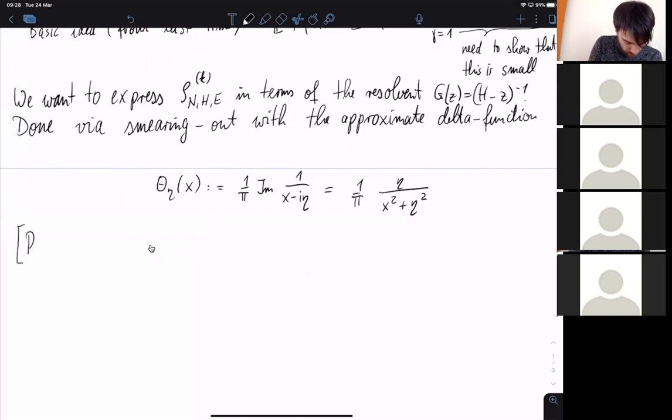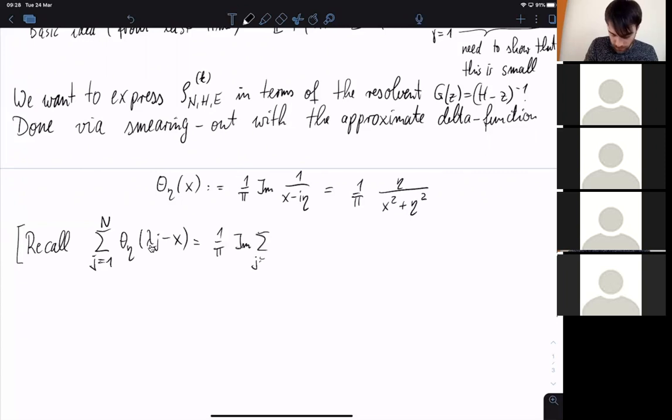That's something which we've maybe already seen last semester. Just to recall it, if I have a sum j from 1 up to n of theta eta of lambda j minus x, then you can just plug in the definitions, and you realize that those are the eigenvalues of the resolvent at x plus i eta, and then this is the imaginary part of the trace.